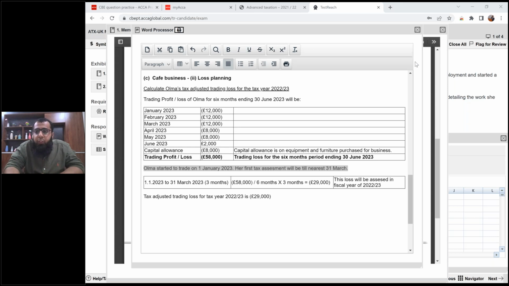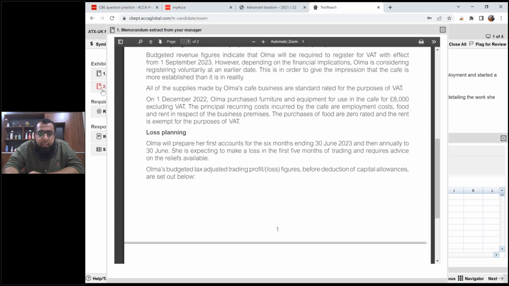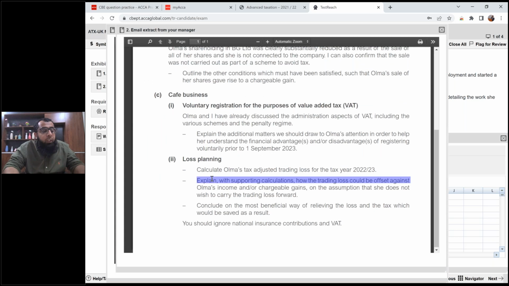Okay, now, so calculate the tax adjusted trading loss for the tax year 22-23. So this is the tax adjusted trading loss for 22-23. Now, let's come back. What else is he asking? Explain with supporting calculation how her trading loss could be offset against Alma's income and or chargeable gains on the assumption that she does not wish to carry the trading loss forward.